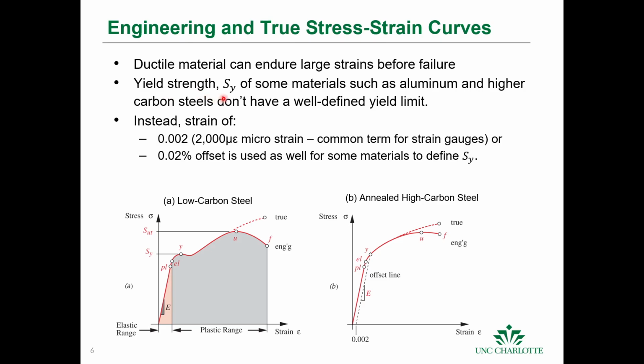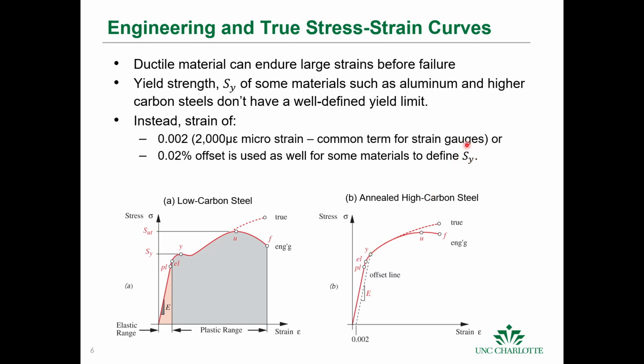The yield strength for some materials, such as aluminum and higher carbon steels, doesn't have a very well defined yield limit, or where we get this peak and then some lower values. And so instead, the 0.002 strain, or 2000 microstrain, or a 0.2% offset is used for some materials.